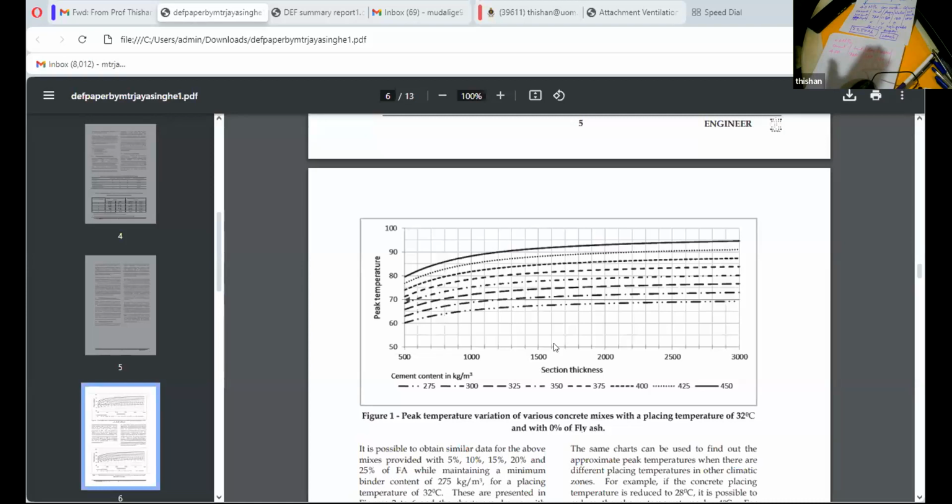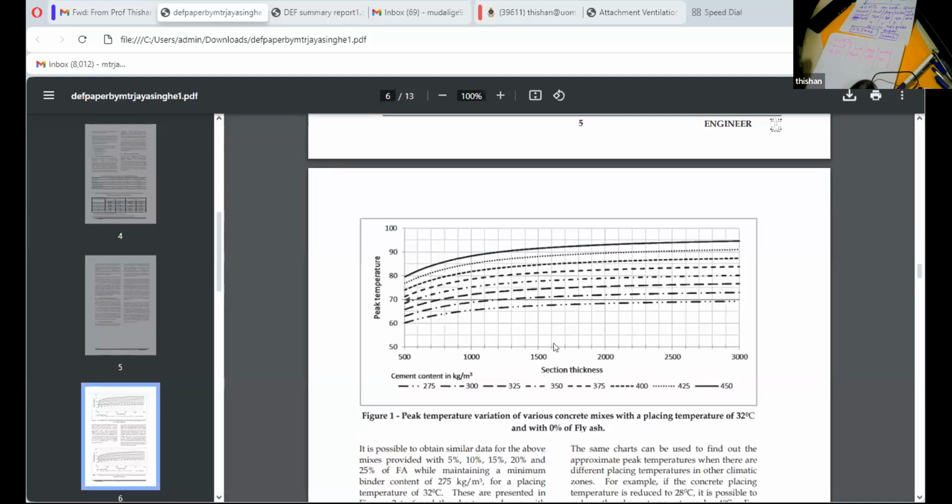Because this chart is for 32 placing, but if you reduce the placing temperature by adding water to the aggregate heap the previous day, and then using 40% flaky ice, you can easily reduce the placing temperature to about 26 degrees.